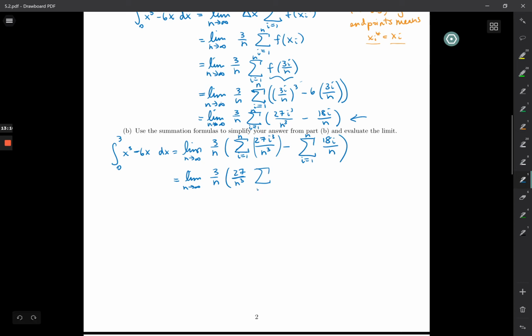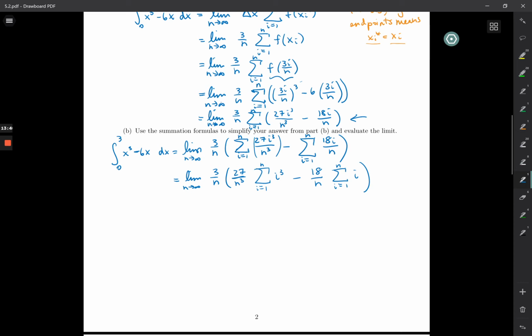It's nice to always use the same variables so that you don't have to rethink this every time. You just know that when it comes to these sums, if you used i as your index, you can pull the n's out, but you can't pull anything involving i out. We'll do the same thing here. We'll pull out the 18 over n of i.